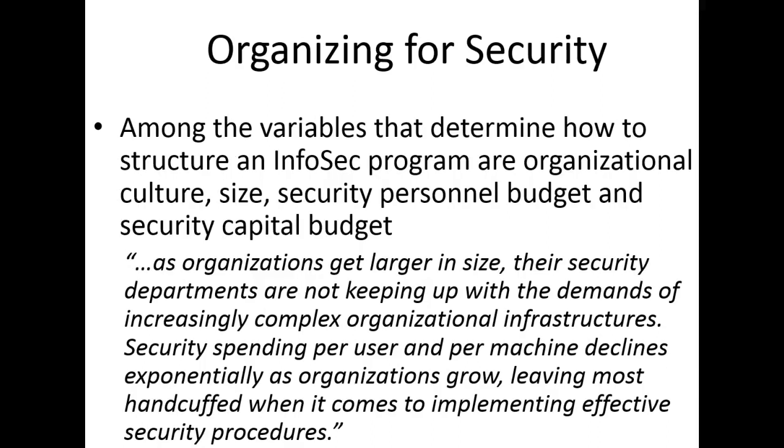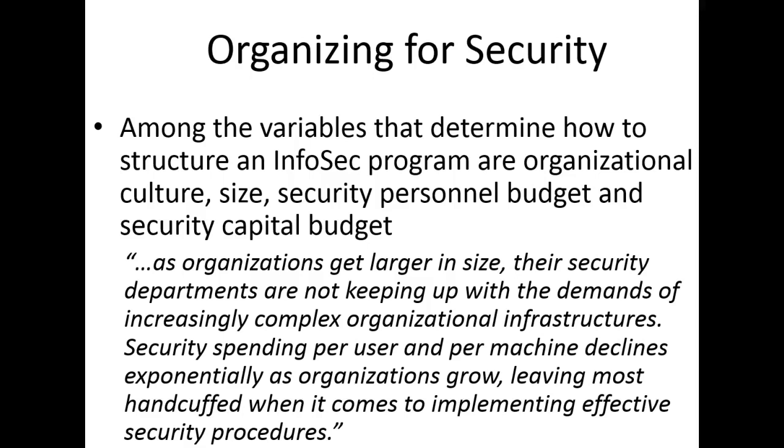There are some variables that management needs to look at in order to structure an information security program. Things such as culture, size, security personnel, budget, and basically the security capital budget of an organization can determine how to structure the information security program.